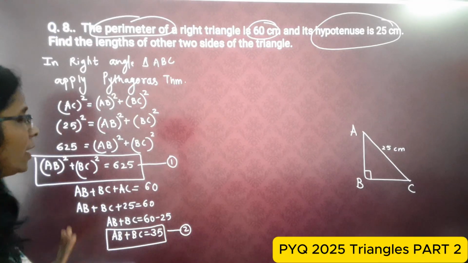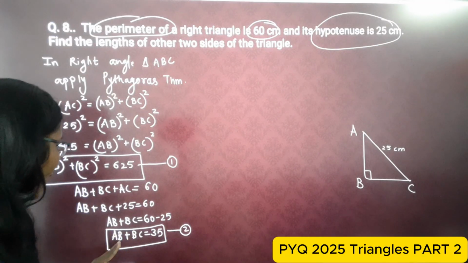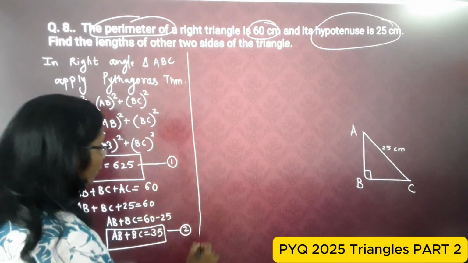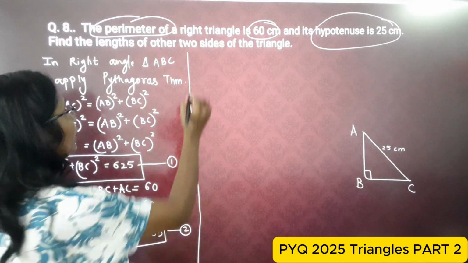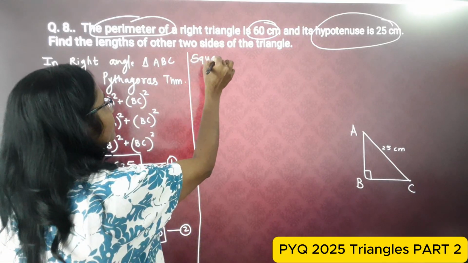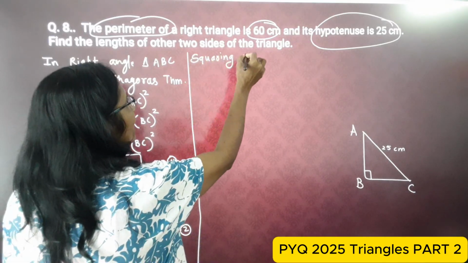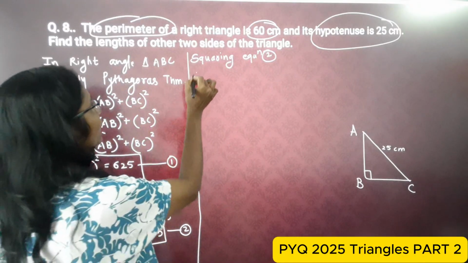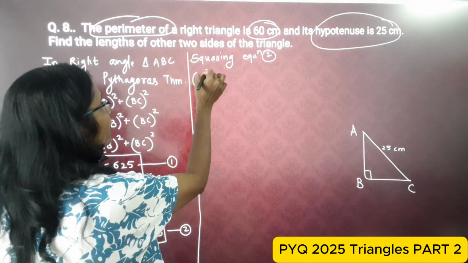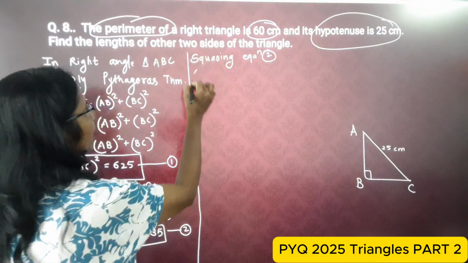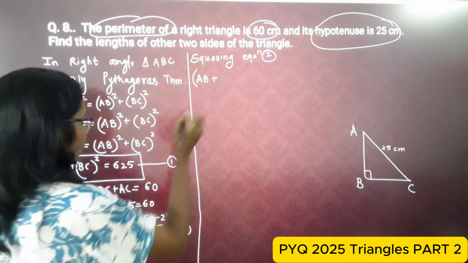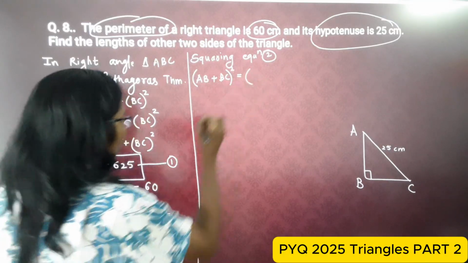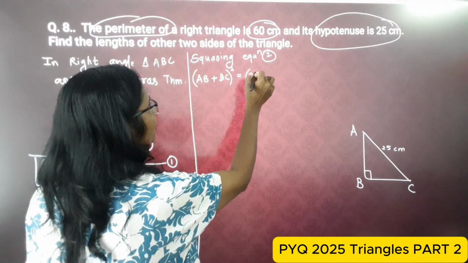Now, students, I square both sides of this equation. Squaring equation 2, I get AB plus BC whole square is equal to the square of 35.